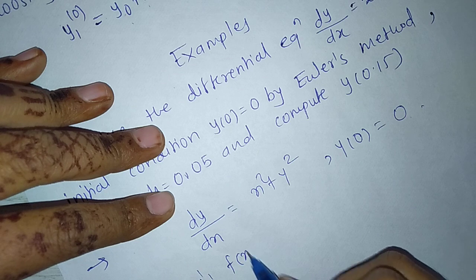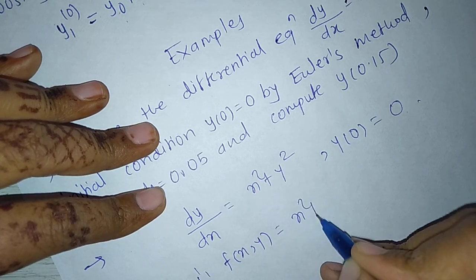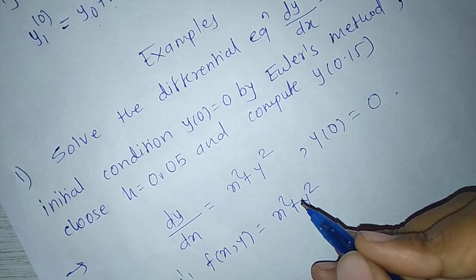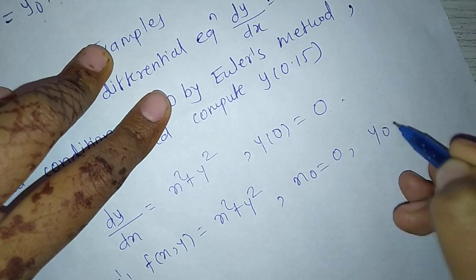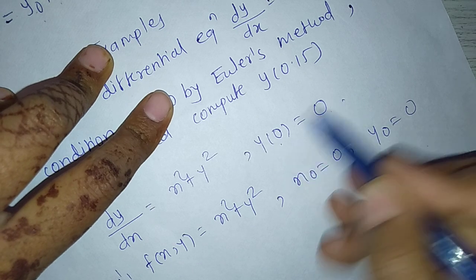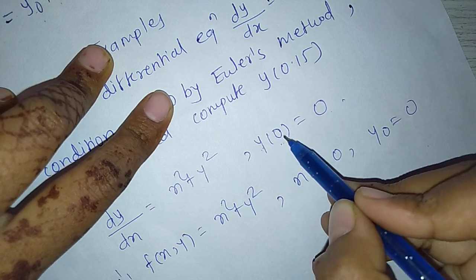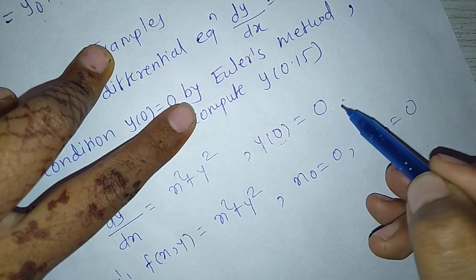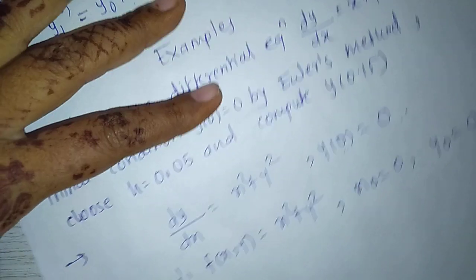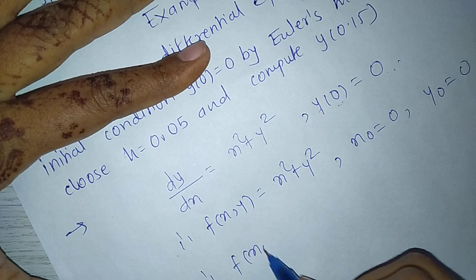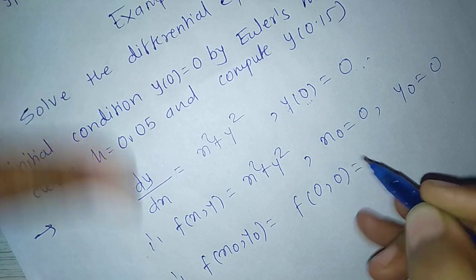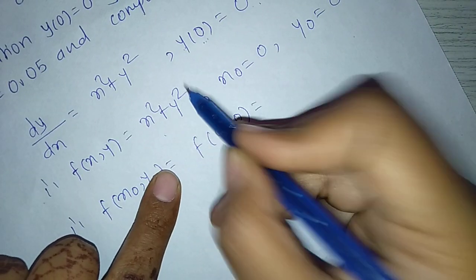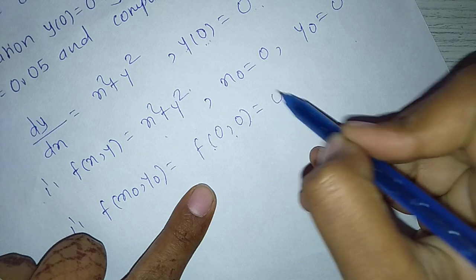Therefore, f of x, y equal to x square plus y square and x naught equal to 0, y naught equal to 0. x naught equal to 0, y at 0 means y at x naught equal to y naught, which is equal to 0. Therefore, f of x naught, y naught equal to f of 0, 0, and f of x, y is x square plus y square, so f of 0, 0 is 0 plus 0 equal to 0.